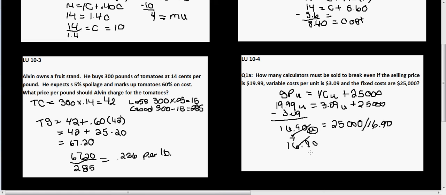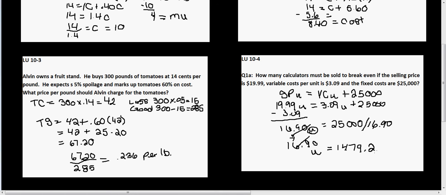So the units of product required to break even is 25,000 divided by 1690, which is 1,479.29.